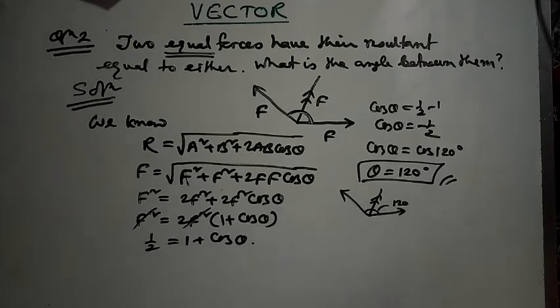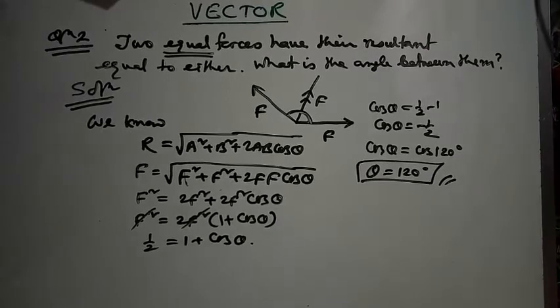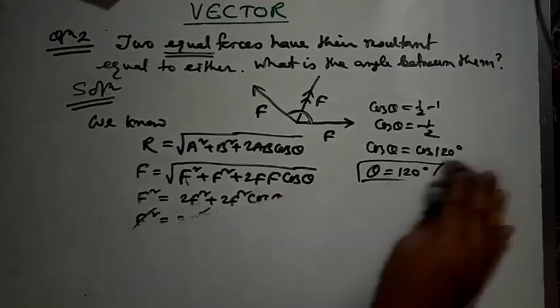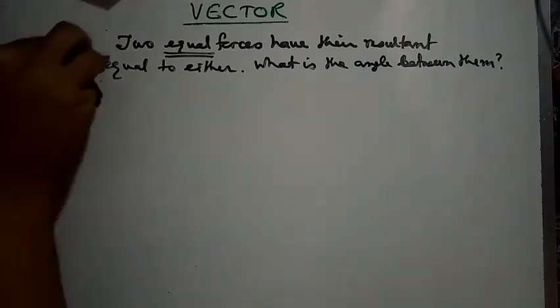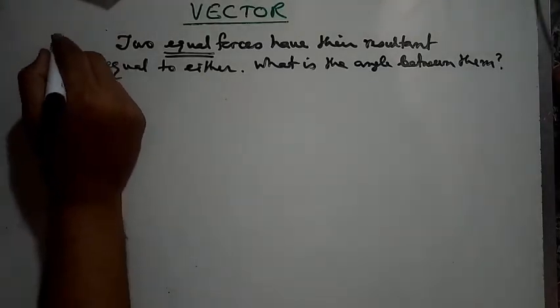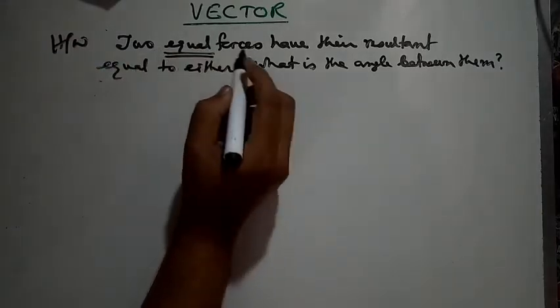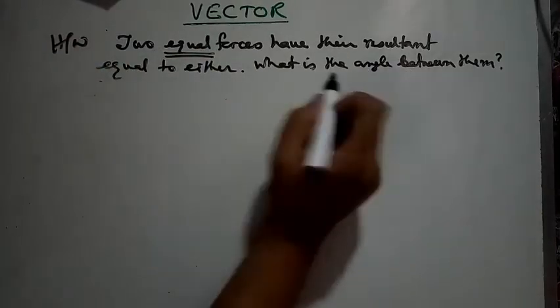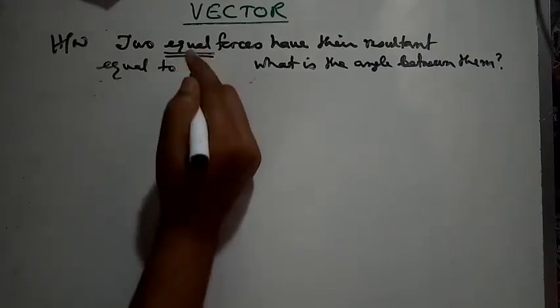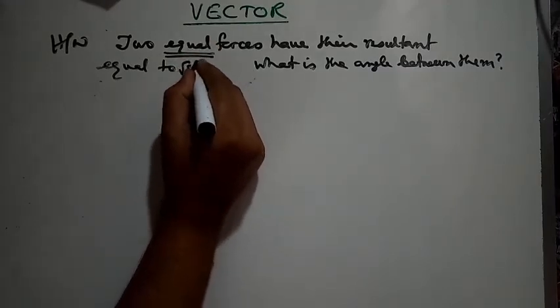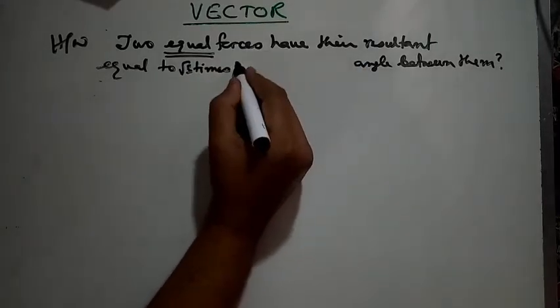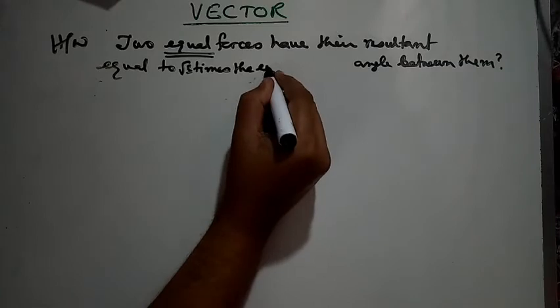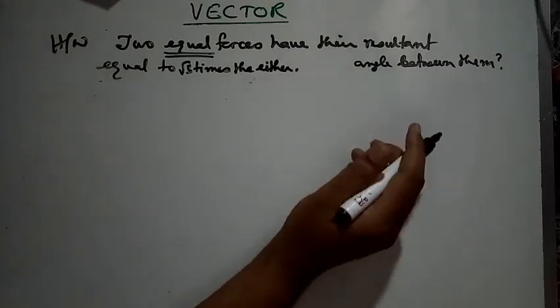From that concept you can take one homework also. Get ready for that. Your homework is just a modification of this question. Two equal forces have their resultant equal to √3 times either.